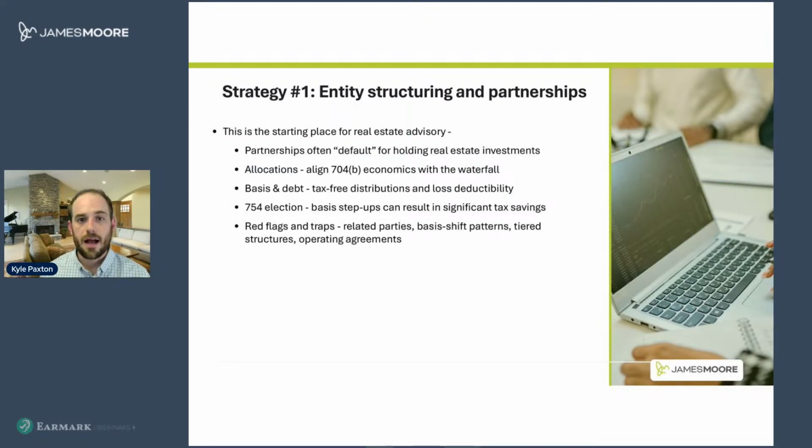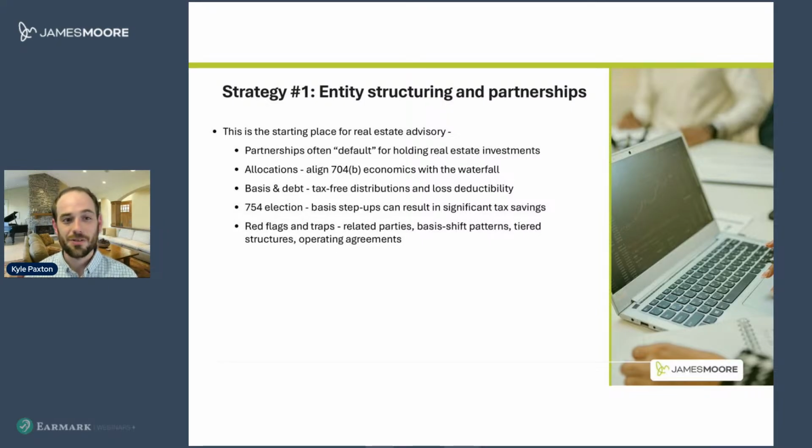All right. I want to talk about a couple advisory strategies that, while again rooted in tax, are really more focused in holistic advisory and cash flow planning. So when I'm working with a new real estate client, the number one place I start and spend about the first hour on is entity structuring.